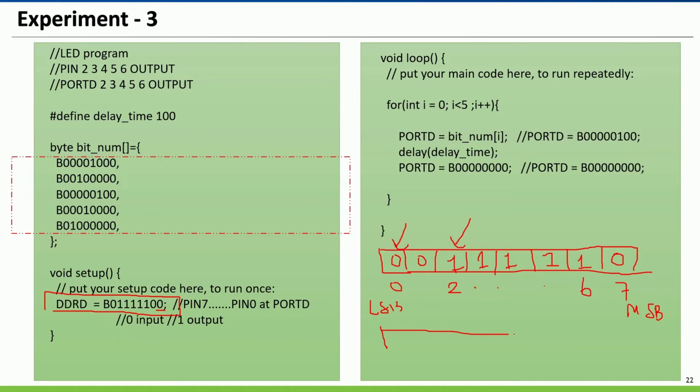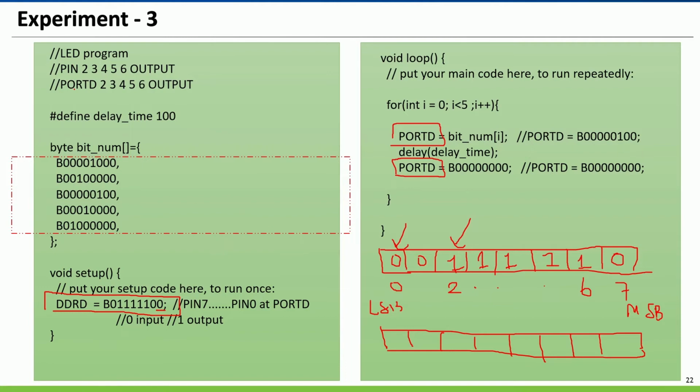And you set the register using the PORTD function. PORTD equal, just simply put the bit number, on or off.